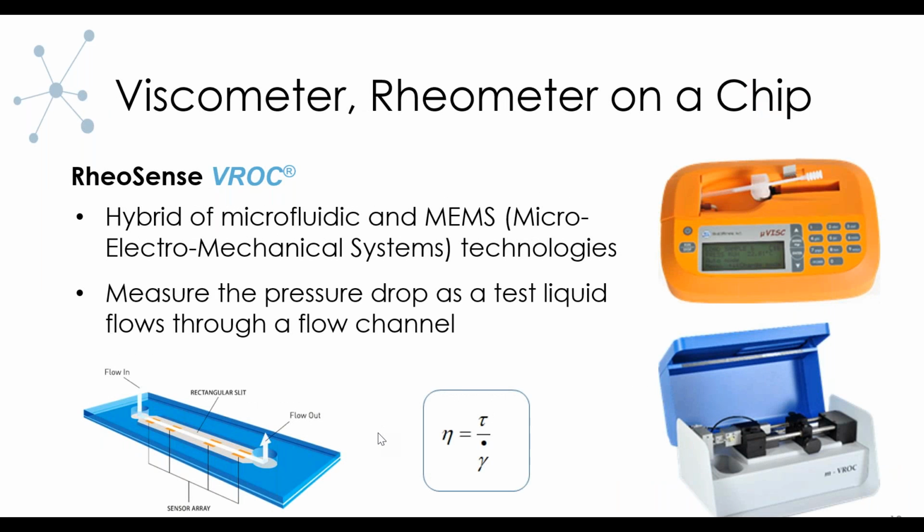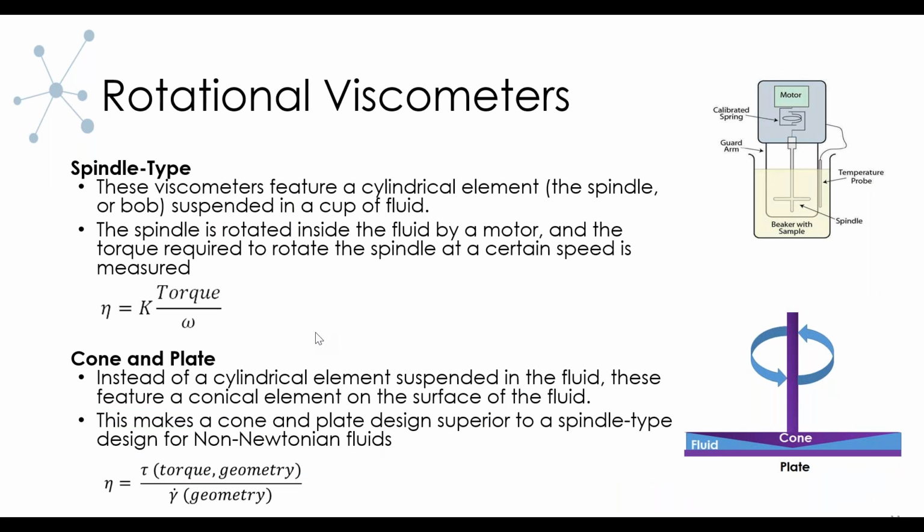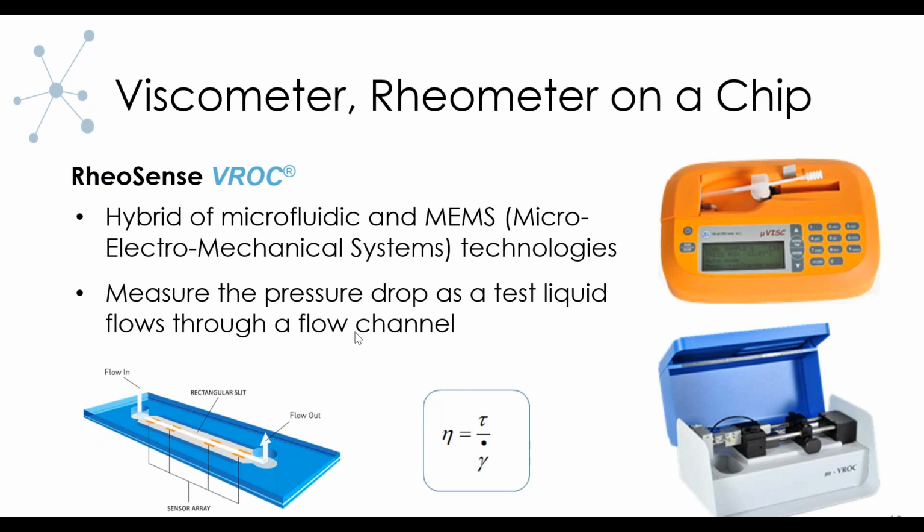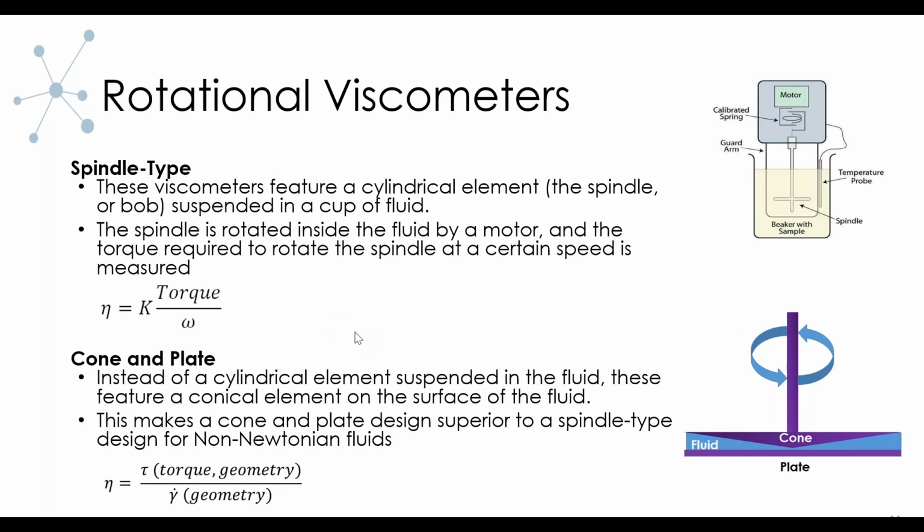The next evolution of viscometers are rotational systems. There are two types: a spindle type and a cone and plate. They both share the same technology, where you have a spinning element within a sample.